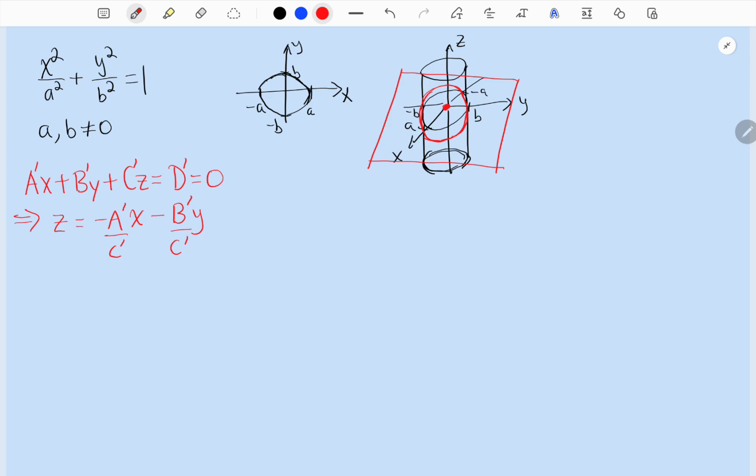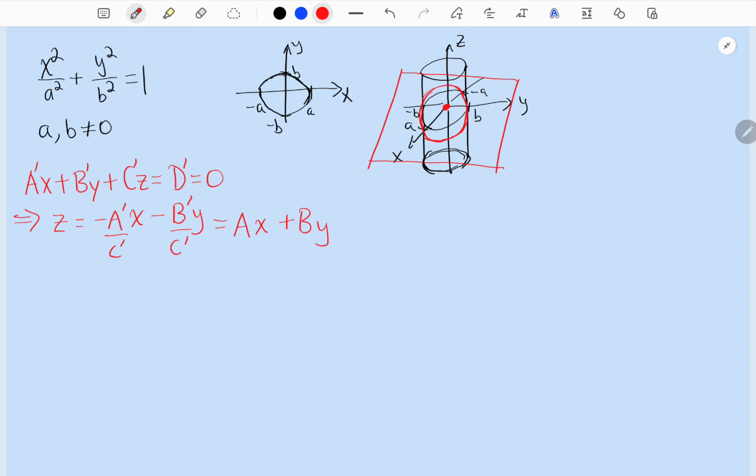I'll call negative a prime over c prime capital A, so I have capital AX, and then plus, I'll call negative b prime over c prime capital B. So we have that. Then we just need to find A and B. We don't care about the a primes and b primes.